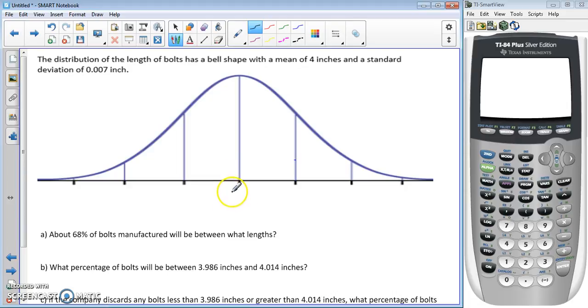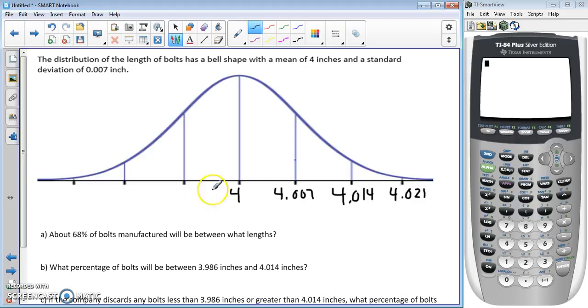So remember our mean here goes in the middle, and then I'm going to add 0.007 to go to the next one, and keep adding 0.007.